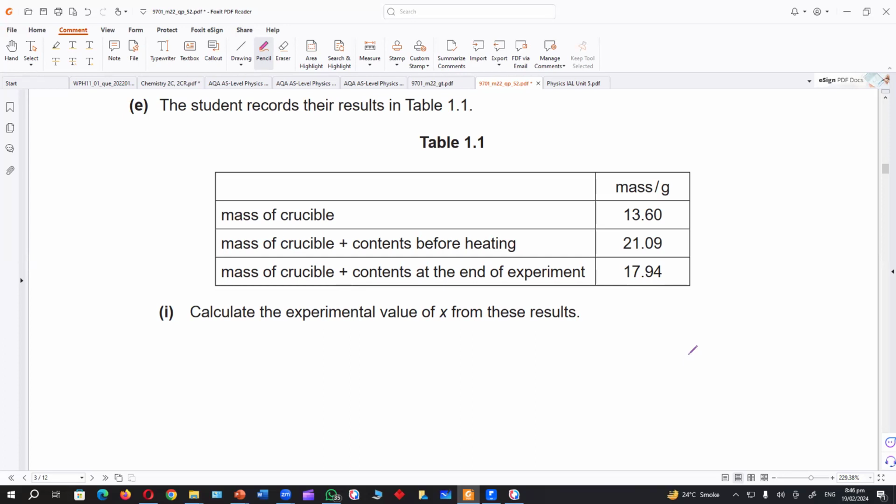Should I subtract 13.6 and 21.09? I was thinking if I subtract 21.09 minus 13.6, what will I get?